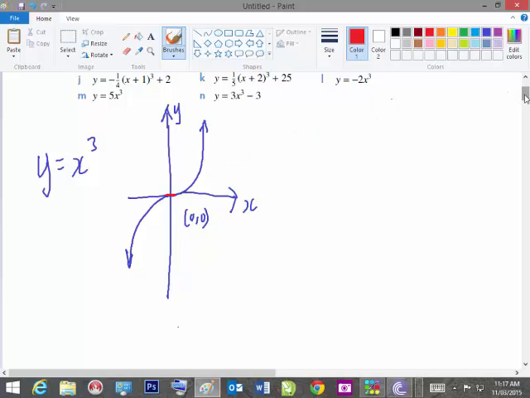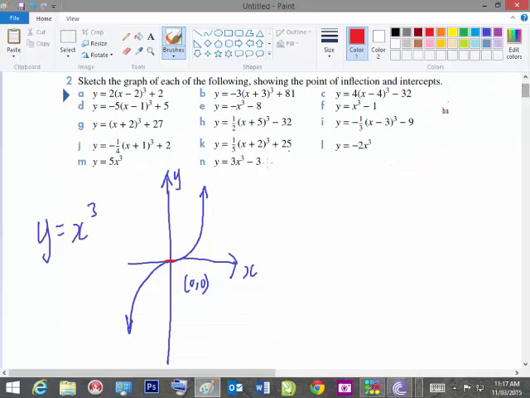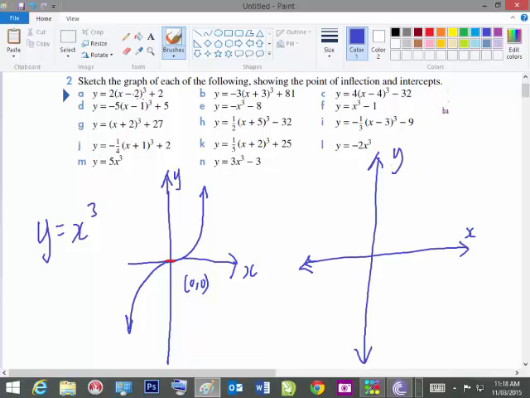And all other graphs of this first type are of the same form, basically drawing the same shape, except the axis has moved to a different position. So when I draw these ones, all I do is work out where the new axis is.